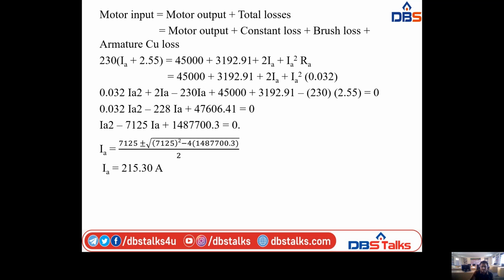Here I am taking minus b, that is 7125, plus or minus root of 7125 whole square, that is b square, minus 4ac, where a is 1 and c is 1487700.3, by 2a. Here a is 1, so 2 into a is 2. That is why we have the armature current, that is 215.30 amperes. After simplifying this we have the full load armature current 215.30 amperes.